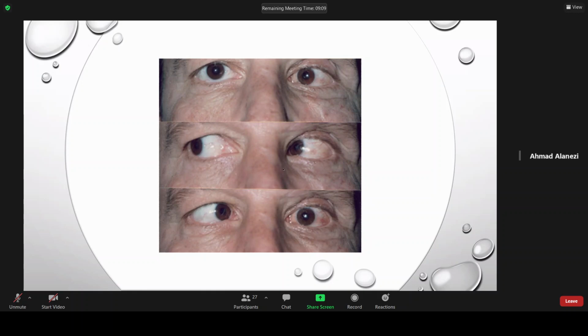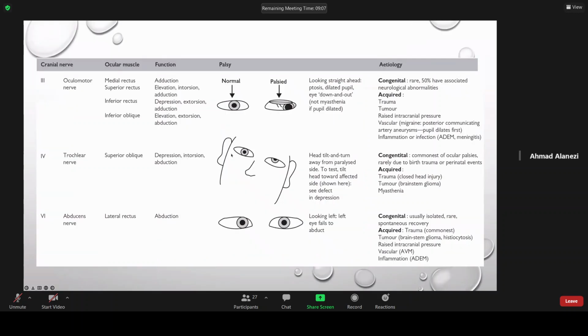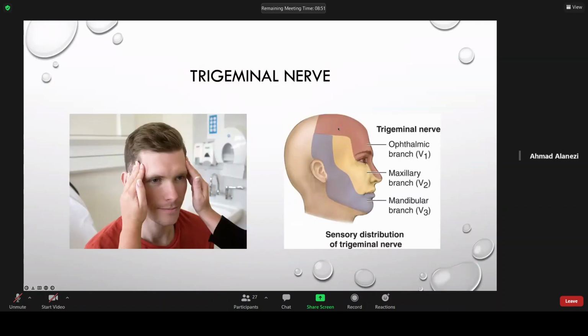This table shows you a characterization of the third cranial nerve palsies that you might see in neurology. Now, the trigeminal nerve is divided into three branches: ophthalmic, maxillary, and mandibular. Those branches carry sensation of the face, and you test this with cotton or any piece.